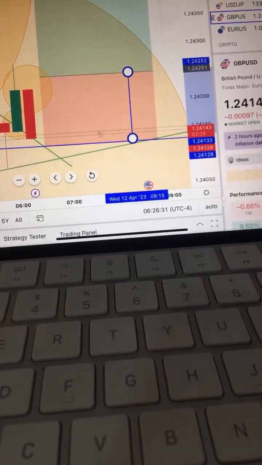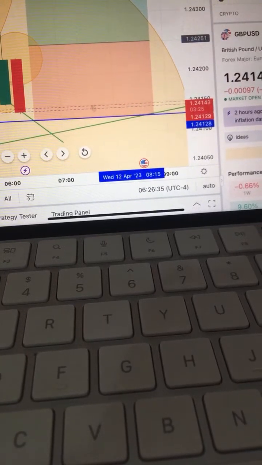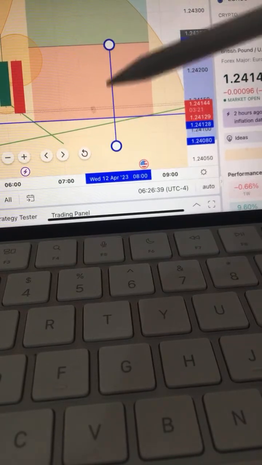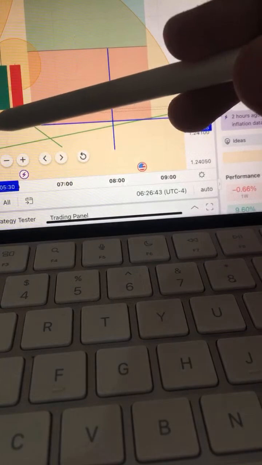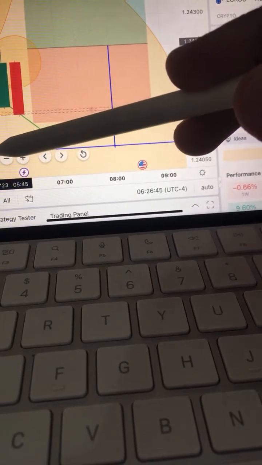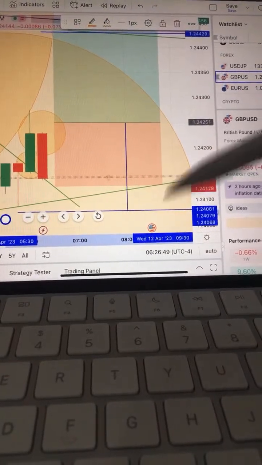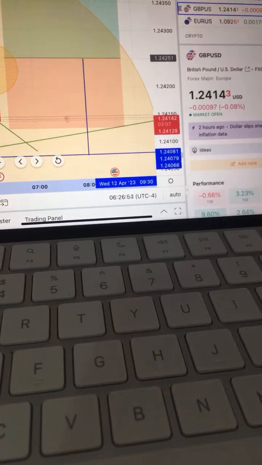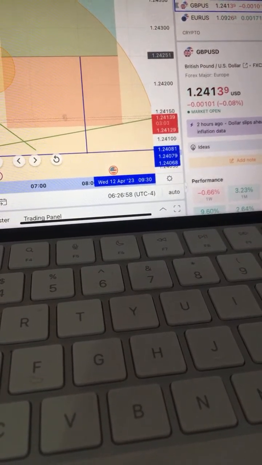Okay, this is 50%, and let me do it to be like 80%. 80% is here. Alright, so my stop loss for GBPUSD will be here on 80%. Let me try to edit it right now, since GBPUSD is having a rejection.